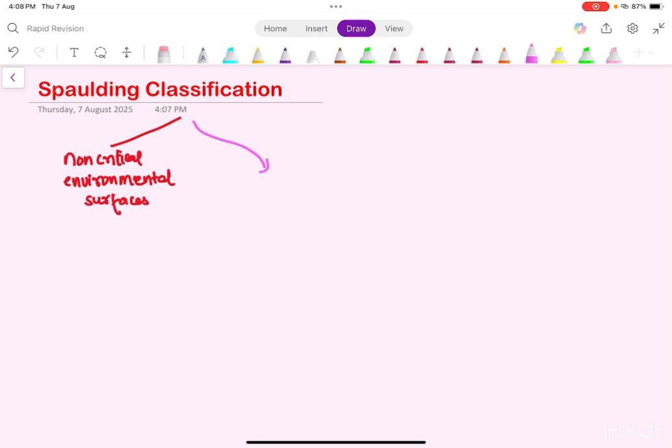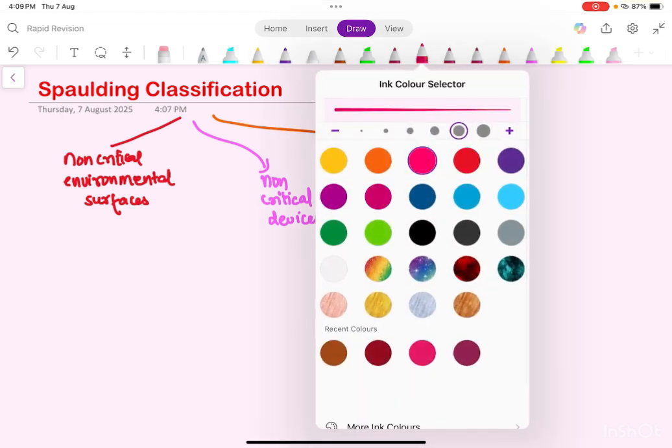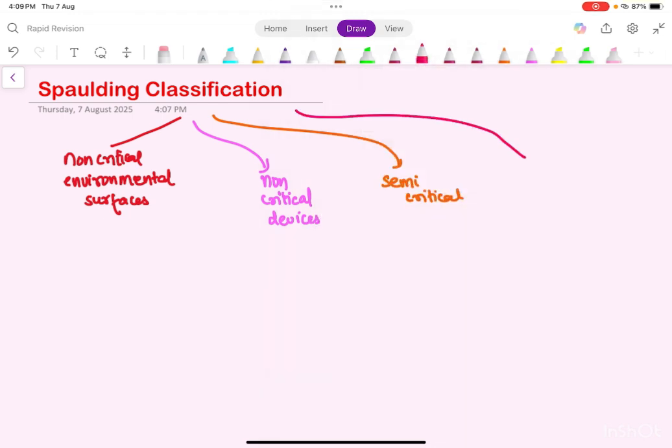Then we have non-critical devices. Then we have semi-critical, and at last we have critical. Okay, now let's understand.